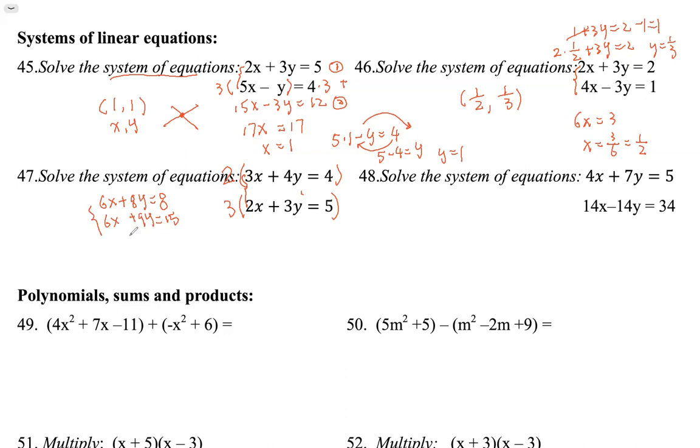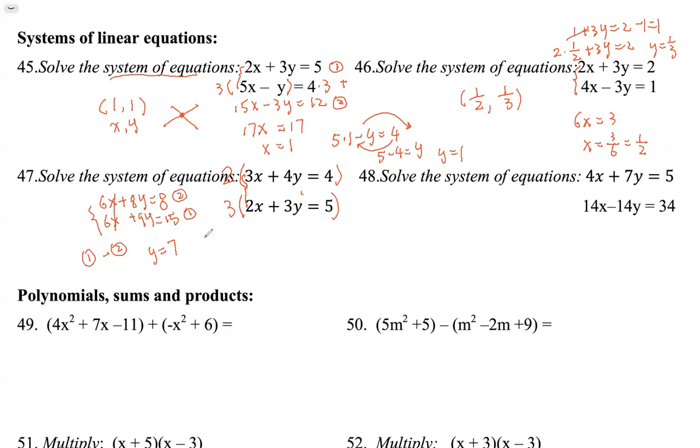So we have those two new equations. Right. Let's call this the first one. Let's call this the second one. We want to use the first one, subtract the second one. Right, because 6x minus 6x, that'll be 0. 9y minus 8y, it just becomes 1y. 15 minus 8, that's a 7.